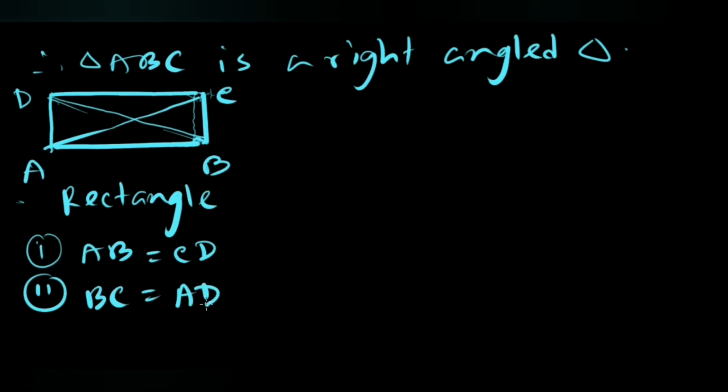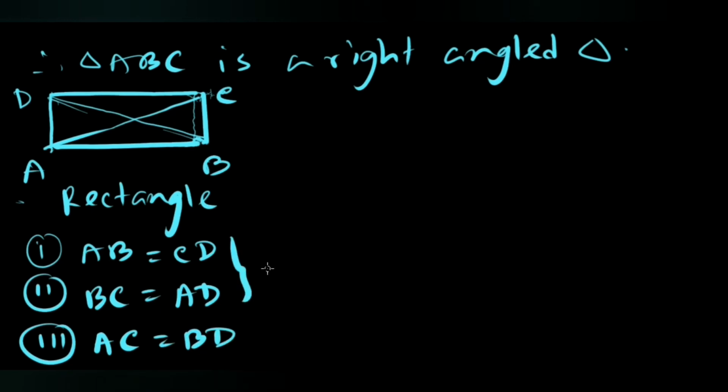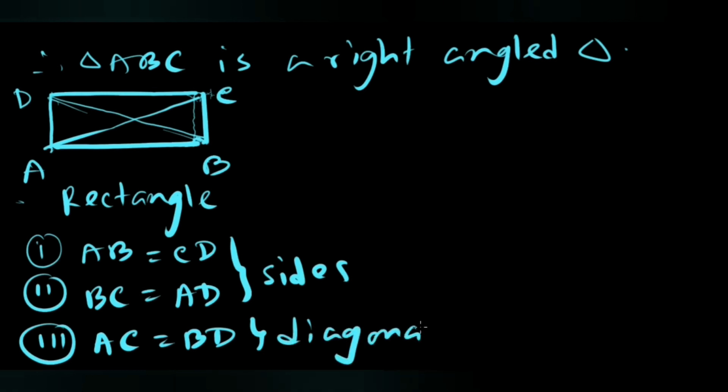AB and CD. And the third thing, that is diagonal. The lengths of the diagonals are also the same, so AC and BD will be equal to each other. So these two are for sides and this one for diagonal. And if someone is asking if it is a parallelogram or not, so what to do?